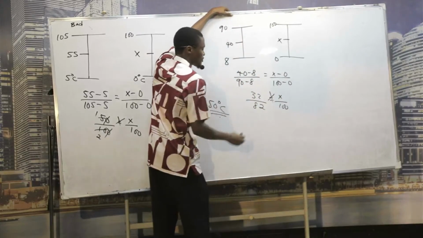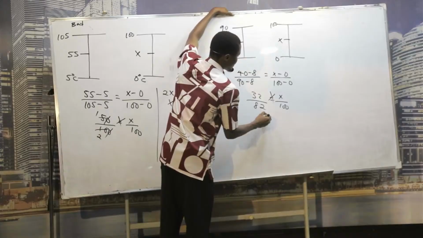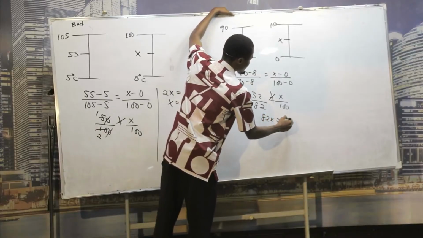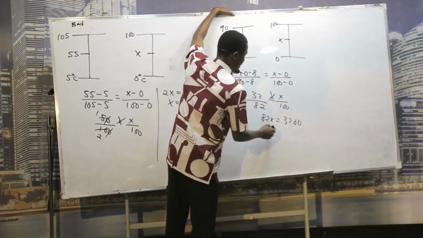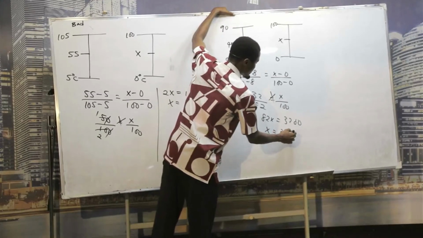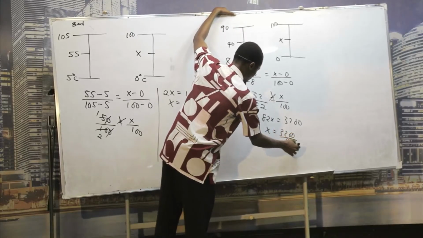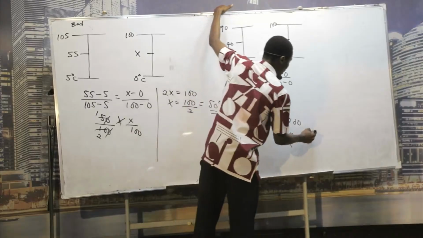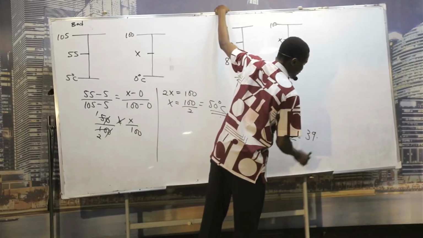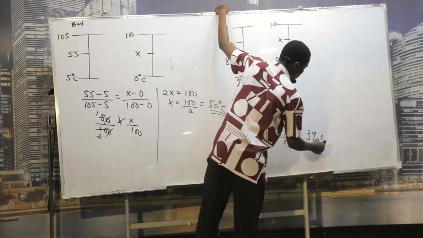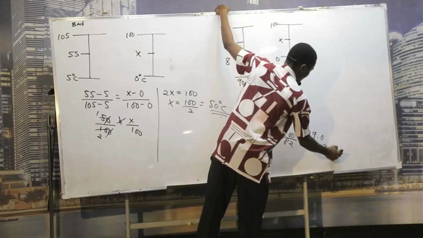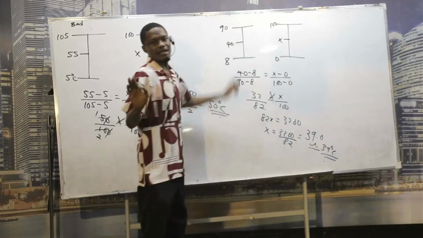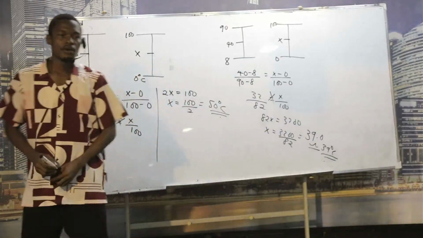Cross multiply, this gives me 82X equals 3200. X becomes 3200 over 82, approximately 39 degrees Celsius. Is that understood? Good.